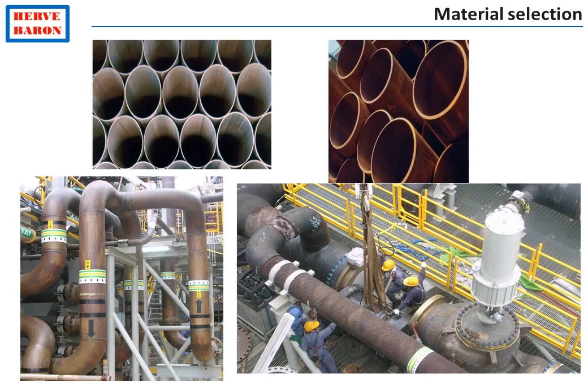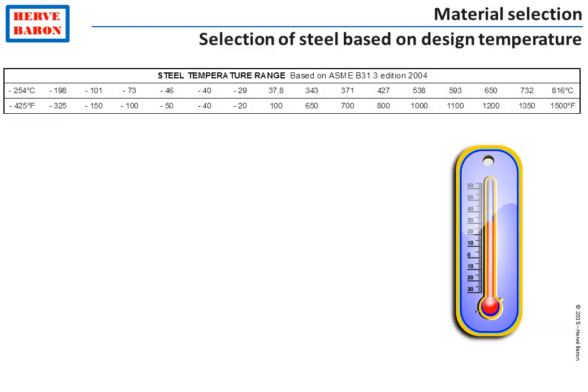The second parameter that comes into play when selecting material of construction is the fluid temperature. Both high and low temperatures to which the material could be subject have to be taken into account.